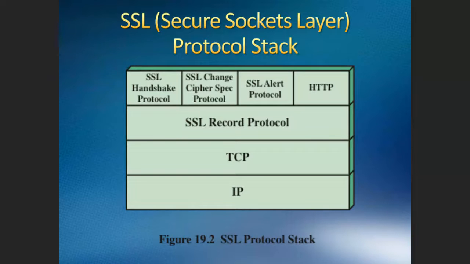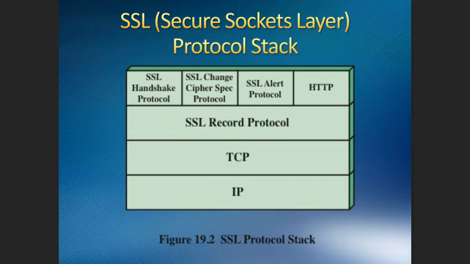This is the SSL protocol stack. So we have IP, TCP, then SSL. Okay, SSL stands for what? Secure Socket Layer. And on top, this is for securing your communication. If you remember, we talked before about the TCP/IP layers: data, access, network, transport, application.